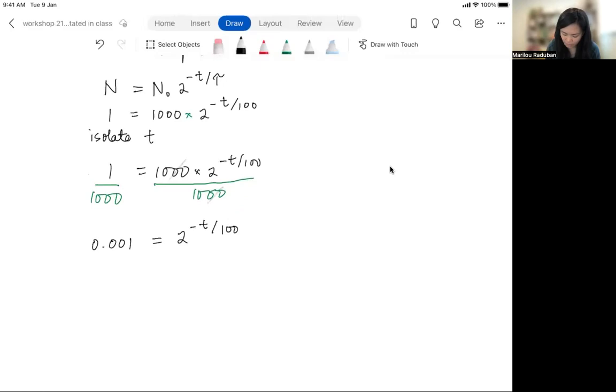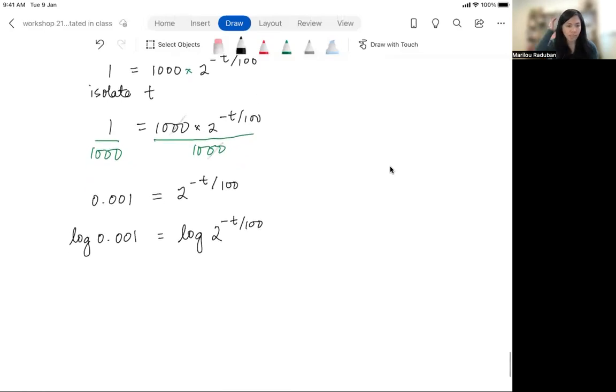Then you can now take the log of both sides. To get rid of the exponential function or the base, you take the log of 2 exponent negative t over 100. Now the base is 2, it's not 10, so the log will not just cancel out the base 2.